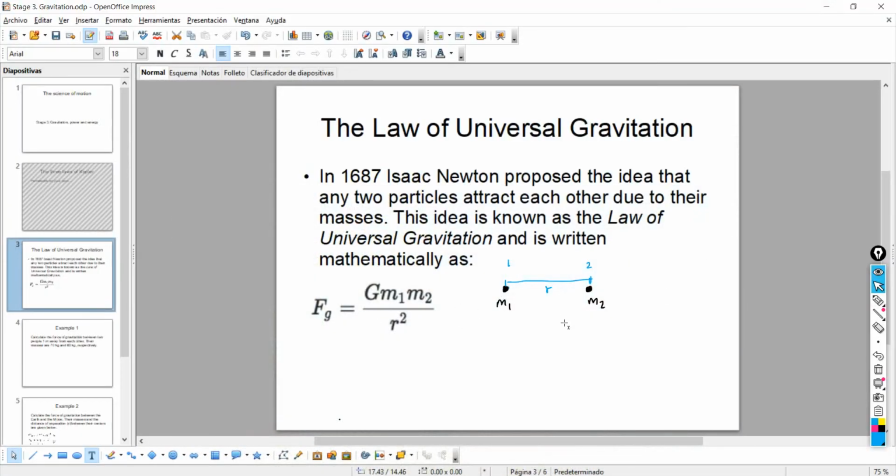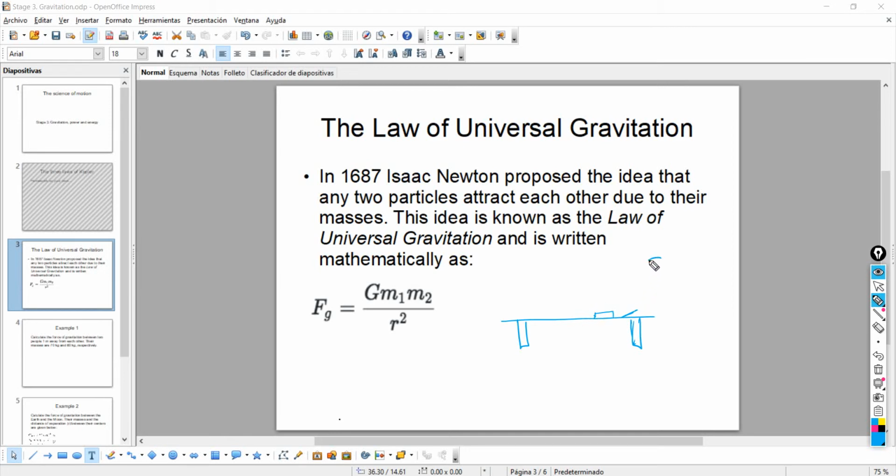Okay, let's move on, guys. Let me erase this. You may be thinking the following. If any two particles attract one another, why don't I see, for example, that if I have my desk, like I suppose you have right now, and you may have a notebook right there, and a pencil, or any other object next to the notebook.